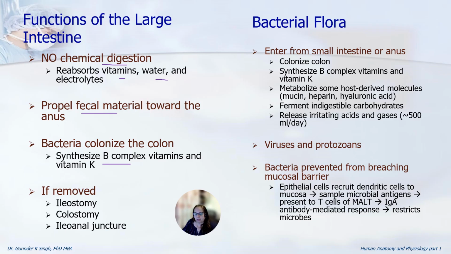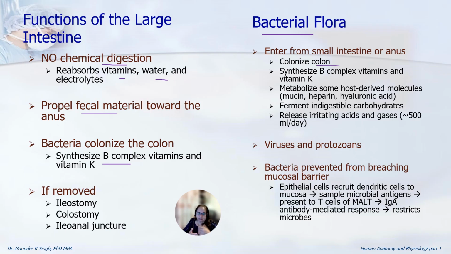Another important thing, which we mentioned as we were talking about the function of the large intestine, is the gut bacteria. The gut flora is extremely important. It colonizes the colon, and it enters from the small intestine or from the anus.